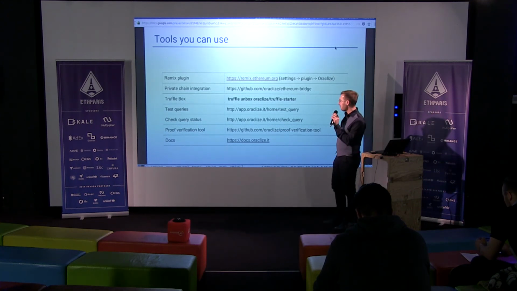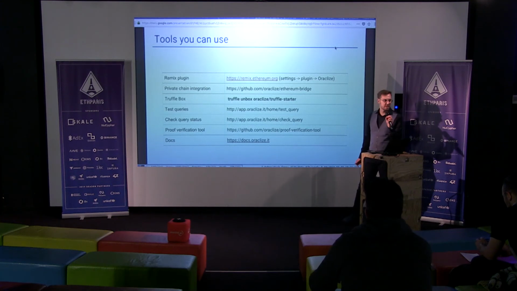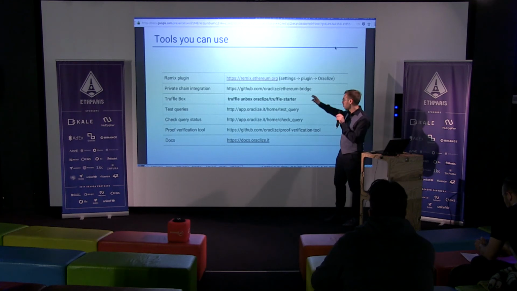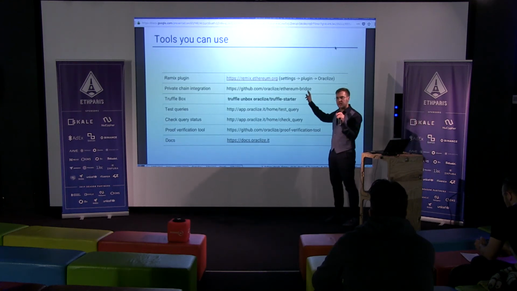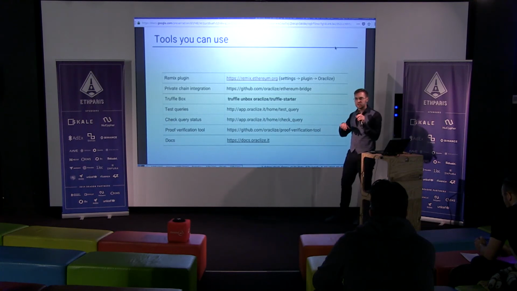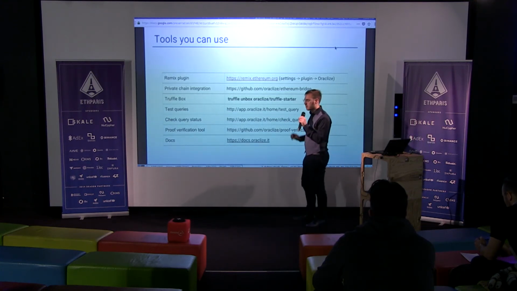If you want to use Oracleize on a private chain, this is possible and is being done by a lot of people, especially during development. You can just download this tool called the Ethereum Bridge. The Ethereum Bridge is a node tool that injects the Oracleize contracts and interface on your local chain so that you can test it in memory or on your own local setup.